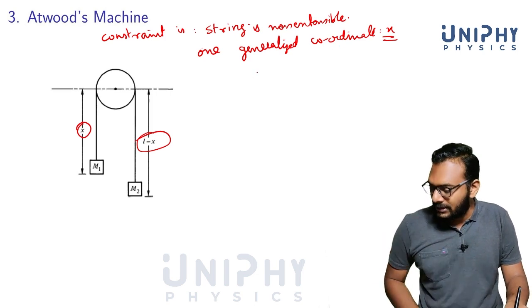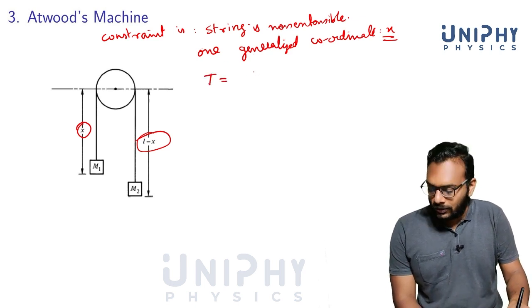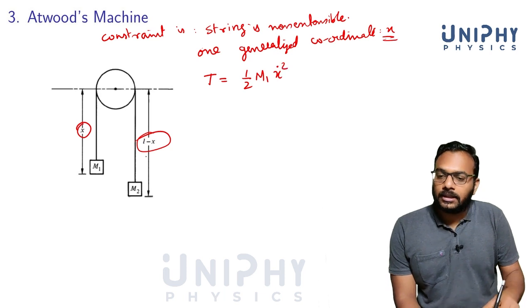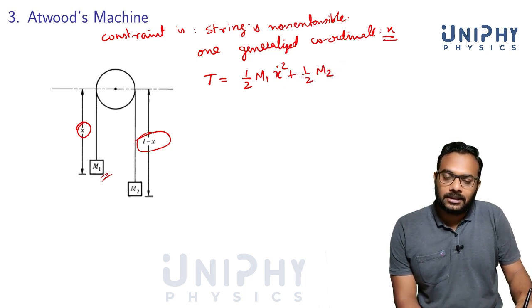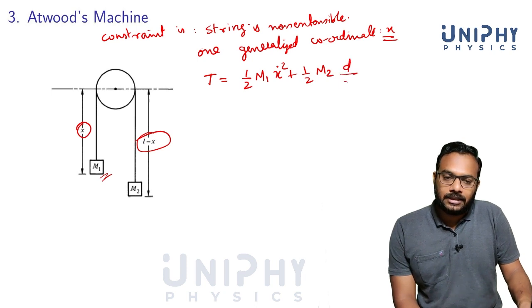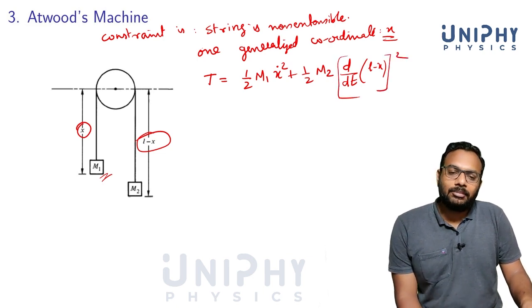What's the next step? Let's find the kinetic energy first. The kinetic energy T is equal to half m1 x dot square, that's the kinetic energy of this particle, plus half m2, and the coordinate of this is L minus x, with the corresponding velocity d by dt of (L minus x), squared. But d by dt of L is 0.